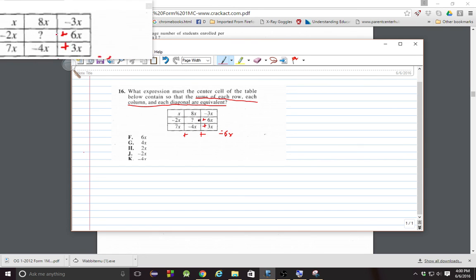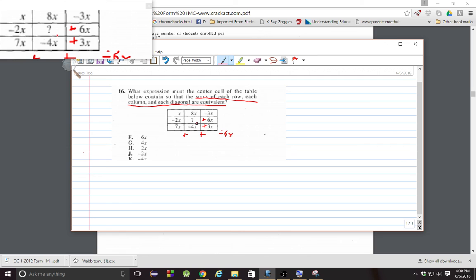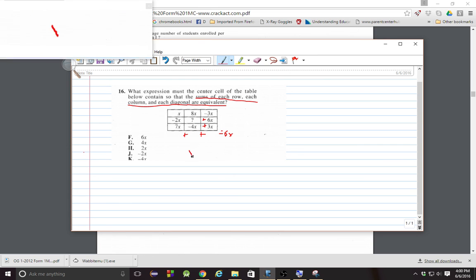So x plus 3x plus this unknown value has to equal 6x. Well, x plus 3x plus y, or that unknown value, equals 6x. That's 4x. You subtract 4x from 6x. Y equals 2x. You get H.